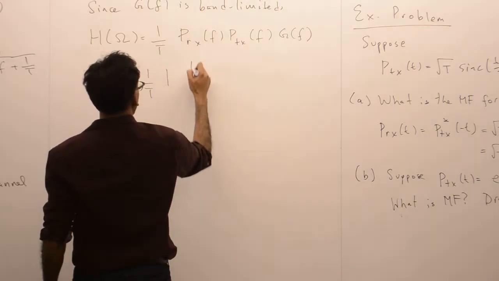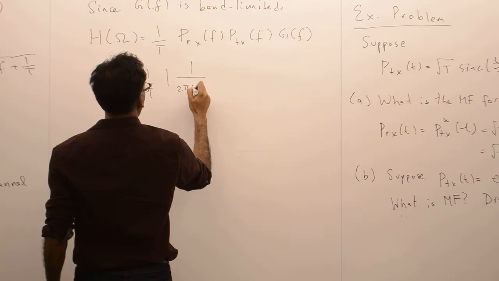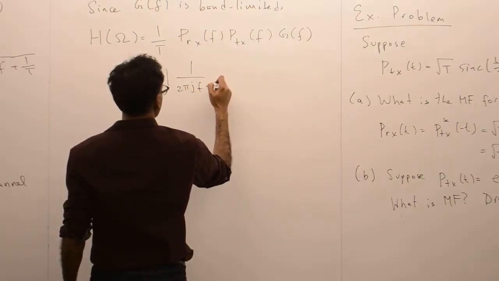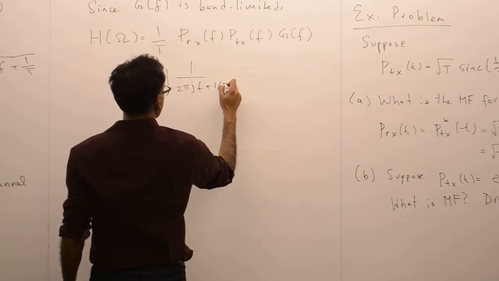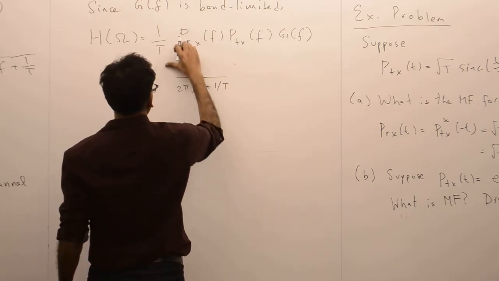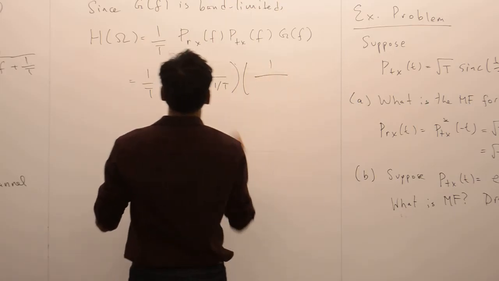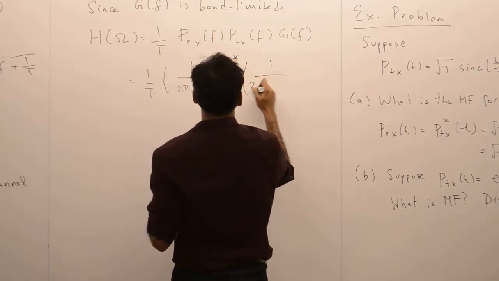okay, I'll write here. 1 over 2 pi j f plus 1 over t. All right. Actually, I'll write it properly. P, so this guy star.